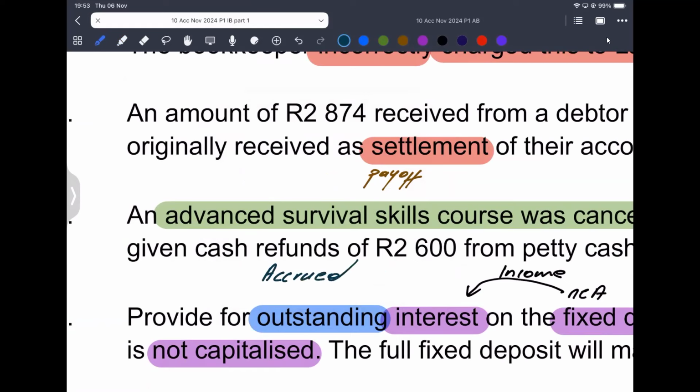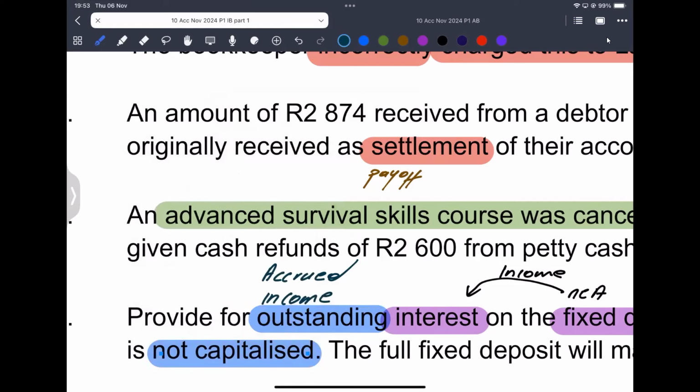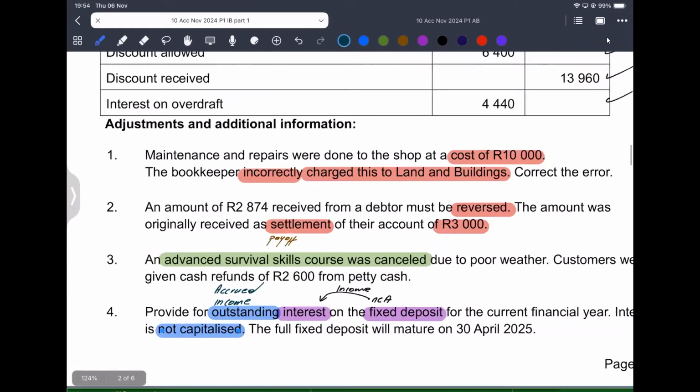And an outstanding interest income is called accrued income. Just because they said it's not capitalized, because of this word here, not capitalized, is the reason why we have to record it as accrued income. Otherwise, it was going to be added to the fixed deposit itself.